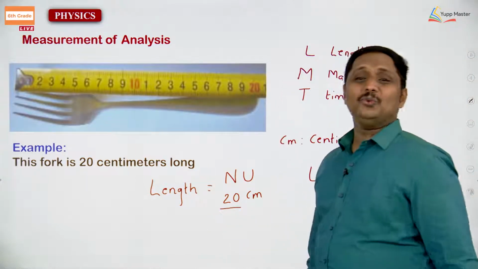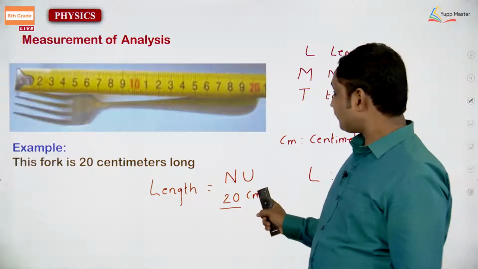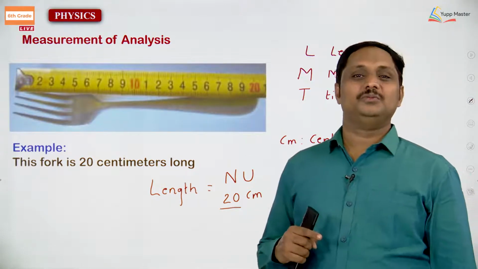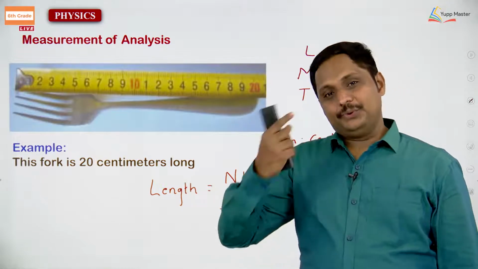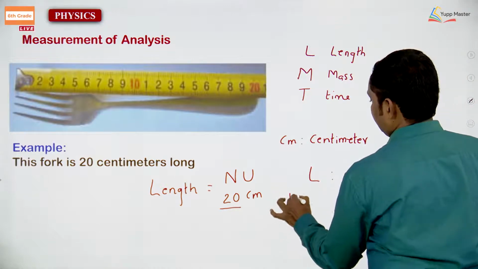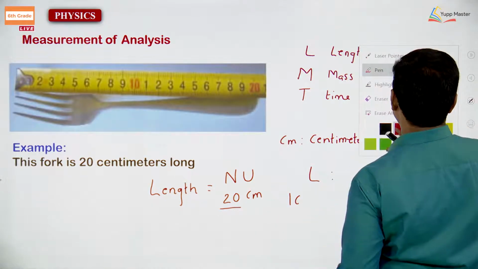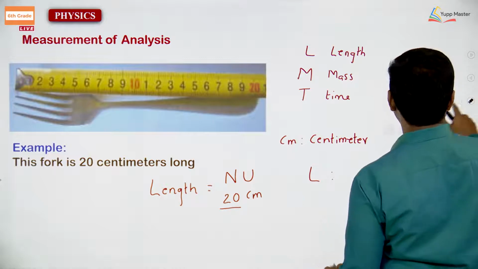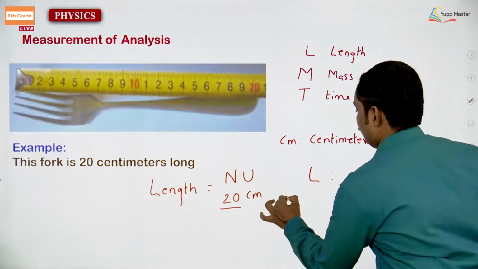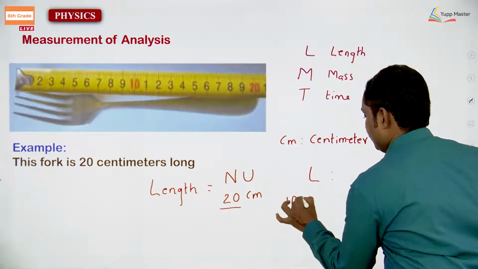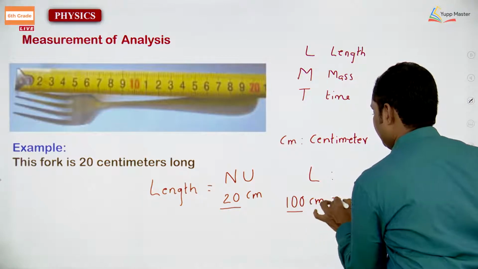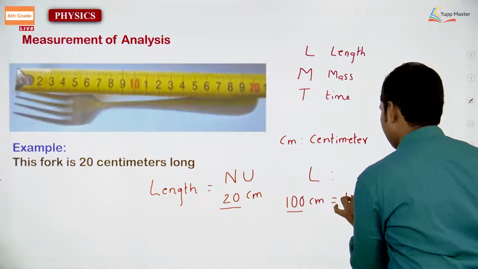Now you are going to take that 20 centimeter. At the same time, you can express it in terms of meters also, in terms of millimeters also. But we are going to have that conversion. Very simple. That is 1 centimeter. How will you express it in terms of meters? You know, 100 centimeter is equal to 1 meter.